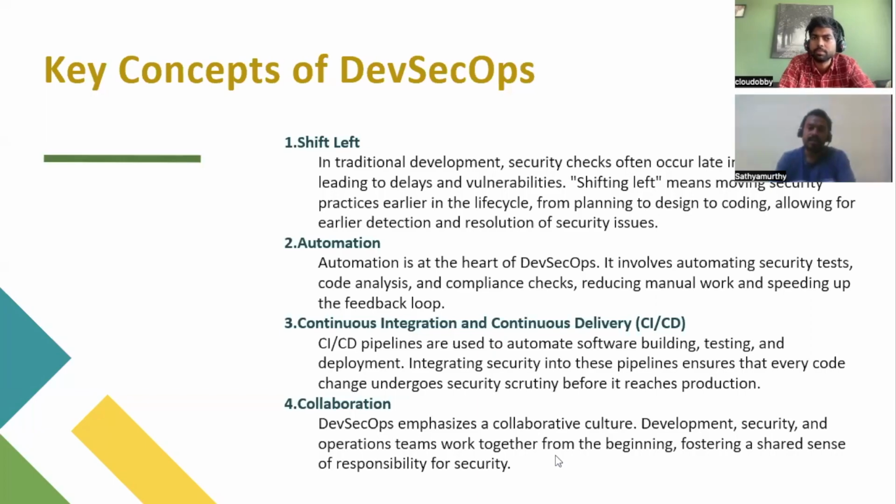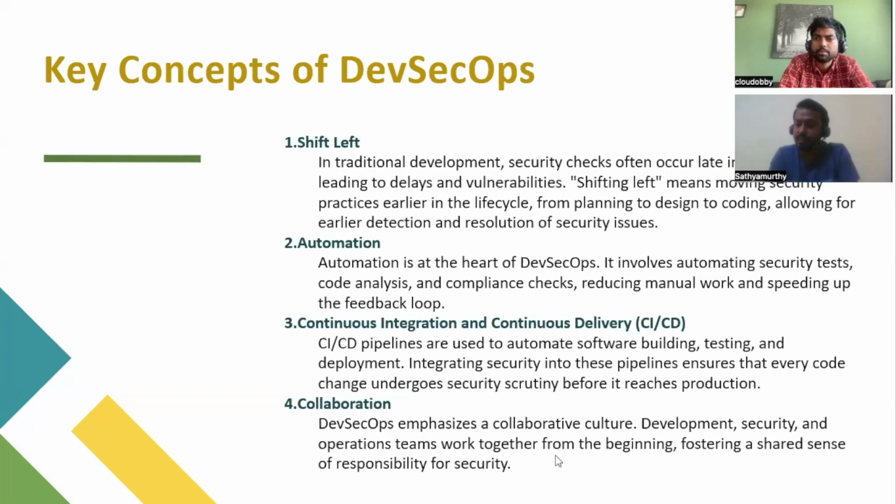Third one is CI/CD, continuous integration and continuous delivery. CI/CD pipelines are used to automate software building, testing, and deployment. Integrating security into these pipelines ensures that every code change undergoes security scrutiny before it reaches production.